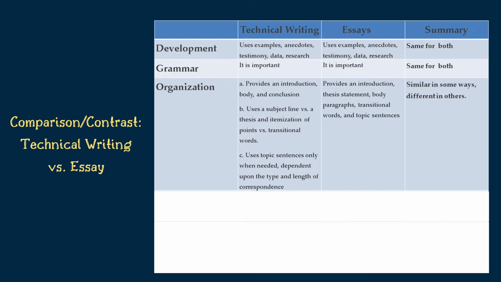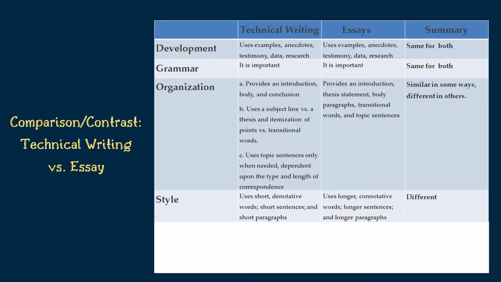It also uses a subject line versus a thesis and itemization of points versus transitional words. And it uses topic sentences only when needed, dependent upon the type and length of correspondence. In essays, it provides an introduction, thesis statement, body paragraphs, transitional words, and topic sentences. So they are similar in some ways but different in others.